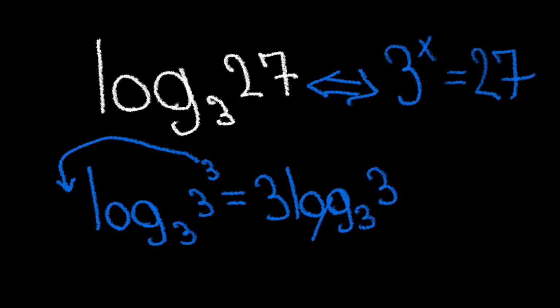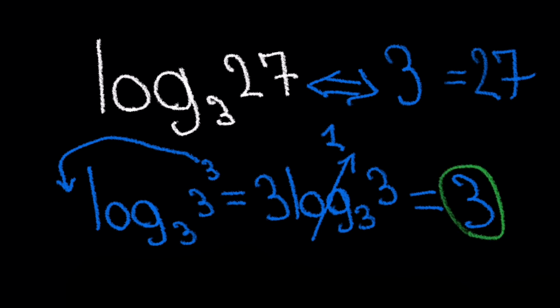Now we know that the logarithm of a base that is equal to its argument is always 1. So this means that the logarithm base 3 of 3 is equal to 1. And this is what our x value is equal to. X is equal to 3. I hope this helped your understanding of what a logarithm is and why logarithms are useful.